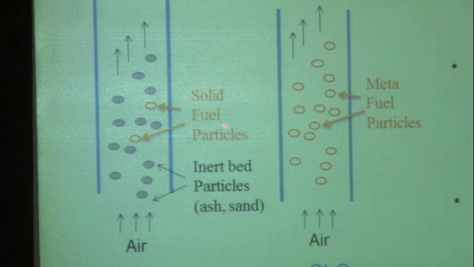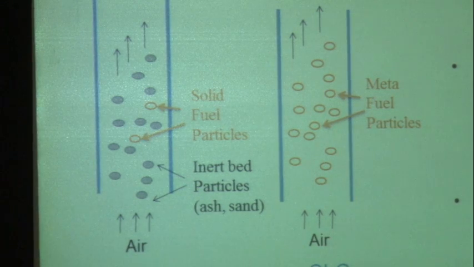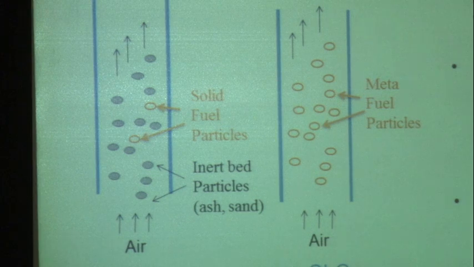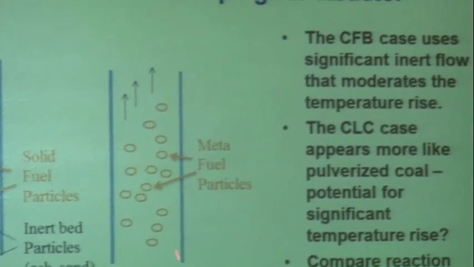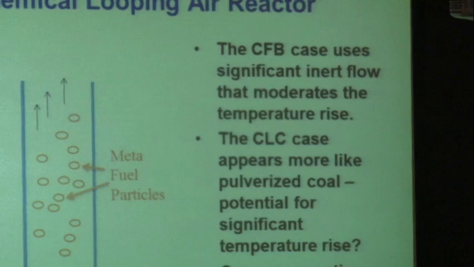There's only about 2% mass of these, and the rest, the 98%, is all these guys. In a chemical looping combustor, I just have metal, my carrier, to react. So right away you look at it, it's like, wow, that's really quite different because there's not that inert. I could put inert in there, but that's a design choice that I haven't made yet. So the potential for the temperature rise here, I've already said, is pretty great because you're burning metals.